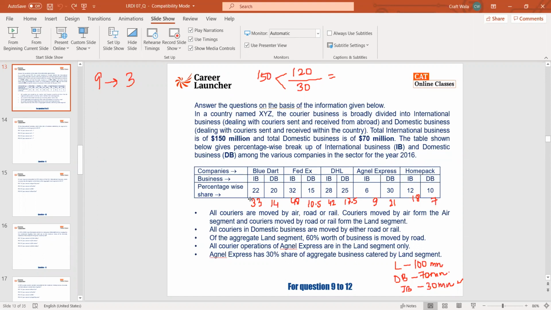So if I give 15 to Blue Dart, 15 plus 14, his total will only reach 29, right? 15 plus 17, right? If I give the balance 15, sorry, out of 15, 9 is also already here. So this is only 6. Sorry, I can give only 6. So 6 if I give here, 6 plus 17, 23, right?